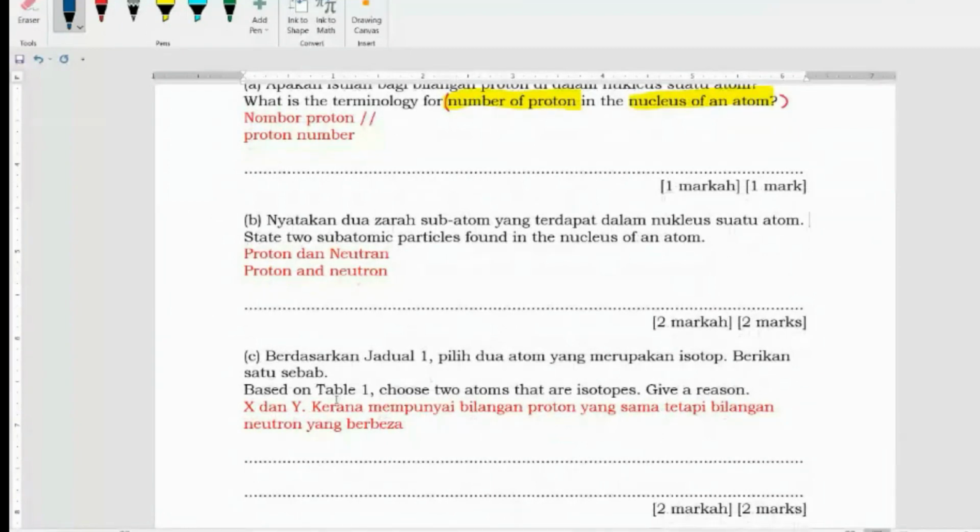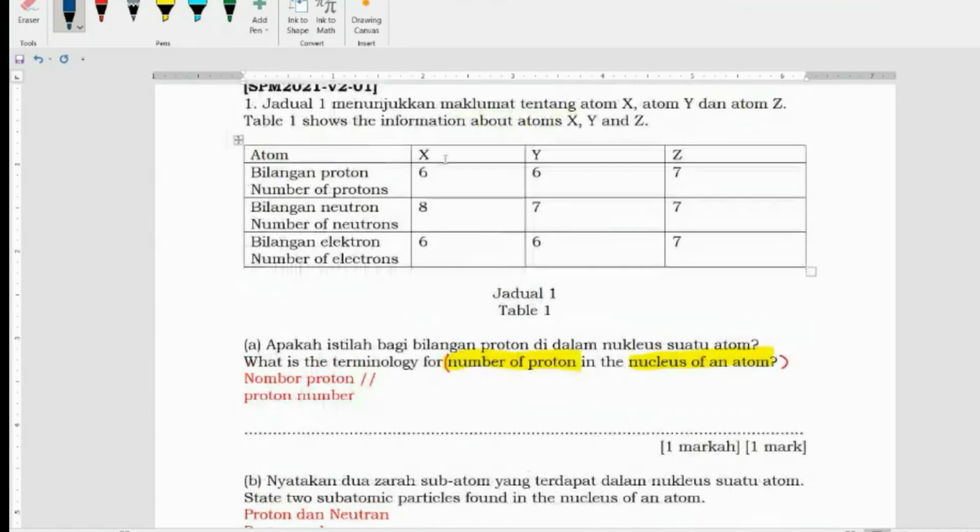Okay, X and Y, because they have same number of protons but different number of neutrons. Very good. You go to search for same protons, X and Y. Protons sama kan? 6.